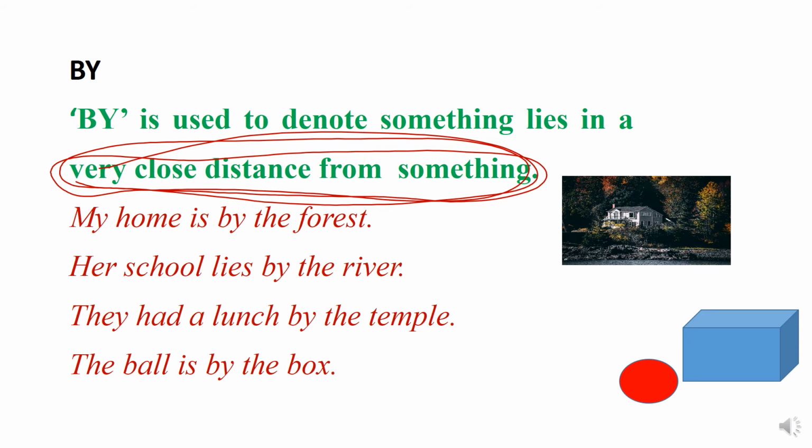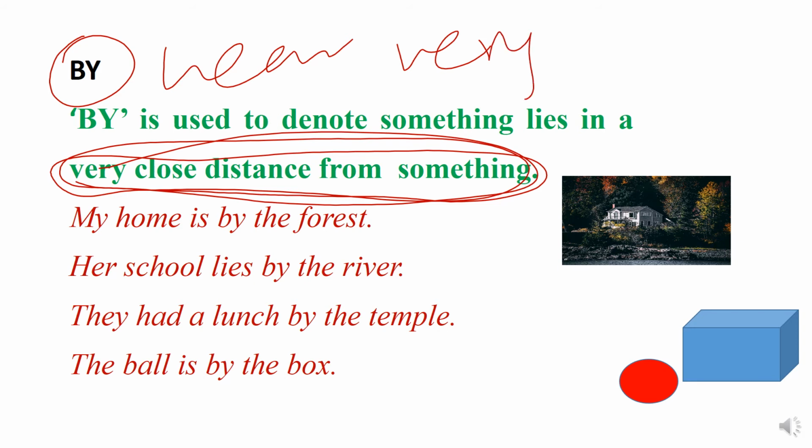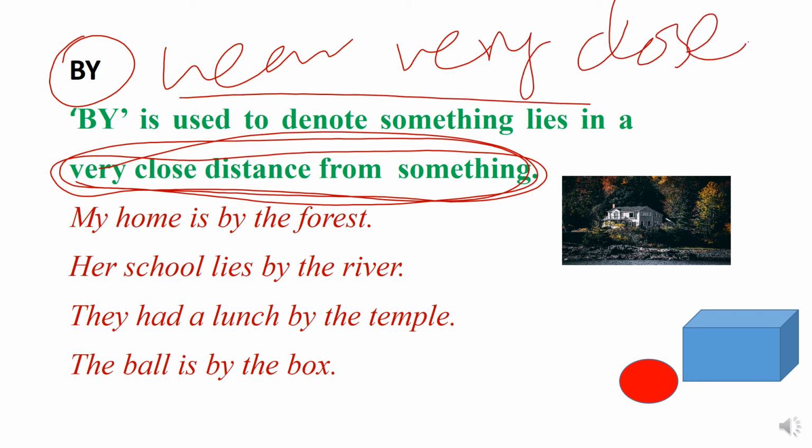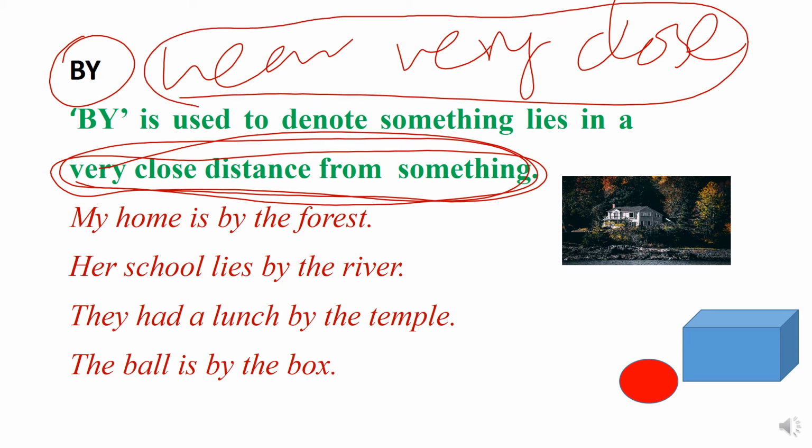If you use the preposition by with the means of transportation, it will be by bus, by train. Let's not go there because it will be very confusing. When we are studying preposition of place, by means very near or very close.